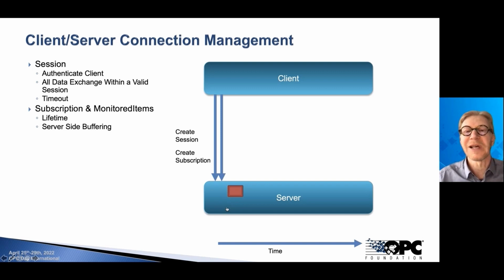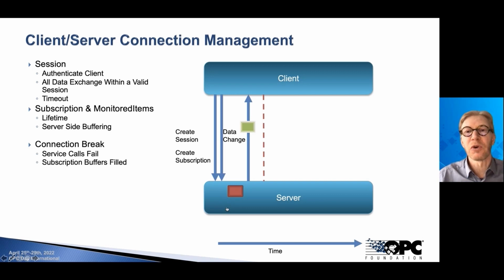The server starts sampling according to the instructions of the clients, meaning the client creates monitored items, and these define which variables it wants to be sampled on the server or which events it wants to monitor. The server uses buffers to keep these samples until it has managed to send them to the client. So in this example, the server gets one sample for the data that is being monitored, and then delivers this over a data change to the client application.